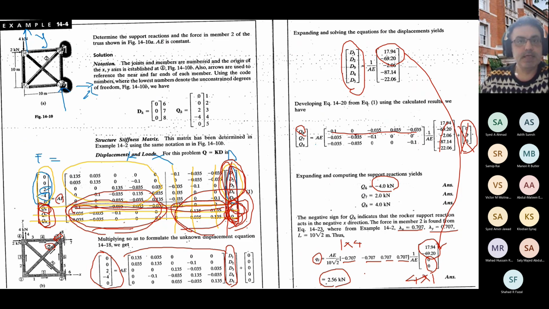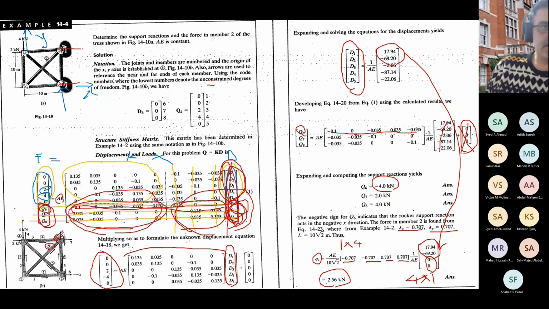And another thing is that you can do a control point for your calculations by verifying the equilibrium equations. For that purpose, you already have the support reactions.